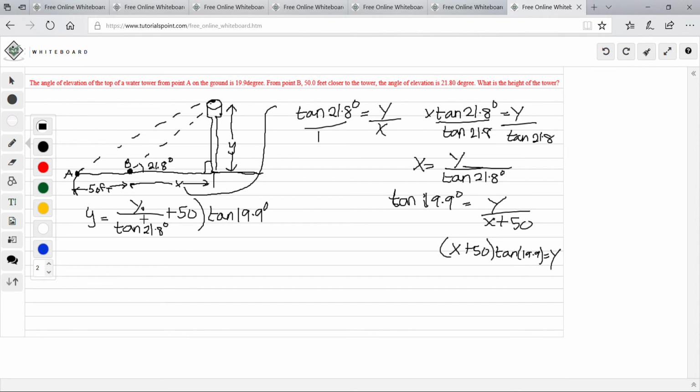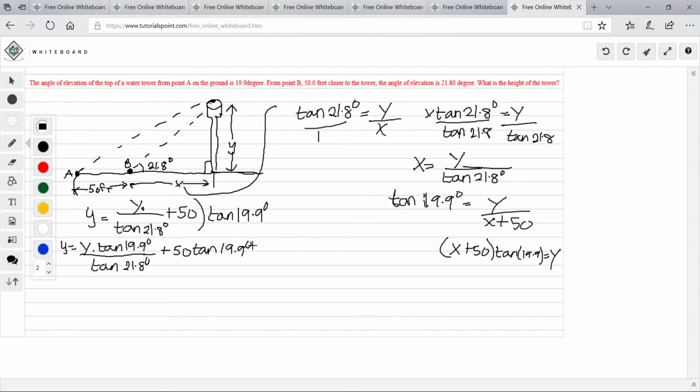When you distribute tangent of 19.9, you get y equals y times tangent 19.9 degrees over tangent 21.8 degrees plus 50 times tangent of 19.9 degrees.